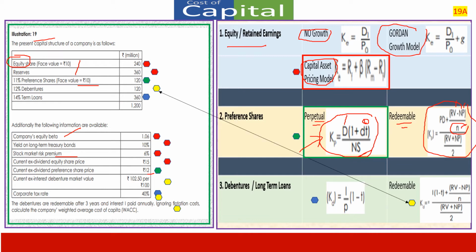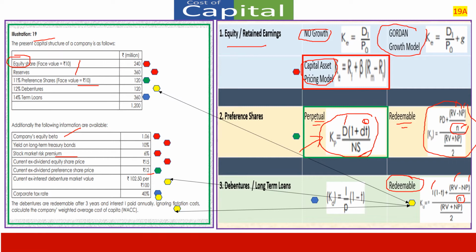After this, we have got 12% debentures. What is given? 12% debentures, 120 million. And here it says current price of debenture, market value is 102.5. Its original value was 100. Now, as we saw, even for debentures, unless you have the duration, RV and NP and interest, we cannot use redeemable debentures.